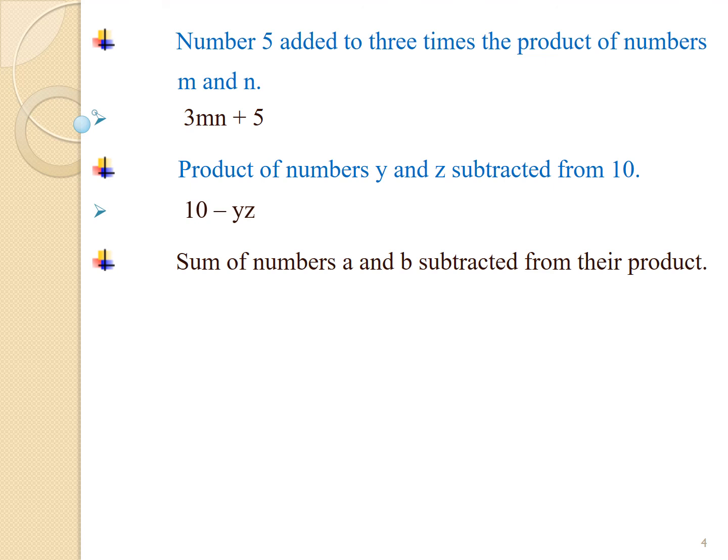Thus adding b to a, we get a plus b, and multiplying b by a, we get ab. Now subtracting a plus b from ab, we get ab minus a plus b. Thus, the expression for this statement is ab minus a plus b.